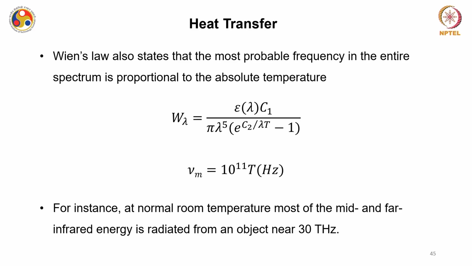Wien's law also states that the most probable frequency in the entire spectrum is proportional to the absolute temperature. This frequency is given as 10 to the power 11 times T, and this value is in hertz. So, at normal room temperature, most of the mid and far infrared energy radiated from an object is at around 30 to 31 terahertz.